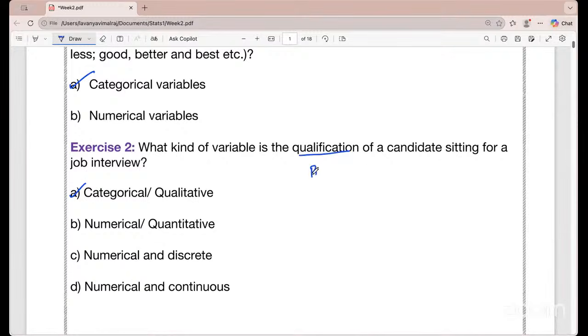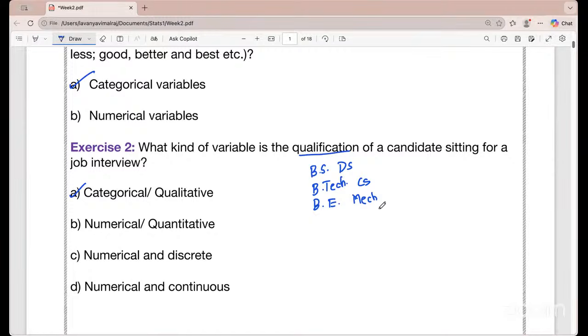Someone has a BS degree in data science, someone has a BTech degree in computer science, and someone has a BE degree in mechanical. These kinds of qualifications are given. How do you classify this, whether categorical or numerical? Obviously categorical, right? Yes, ma'am.